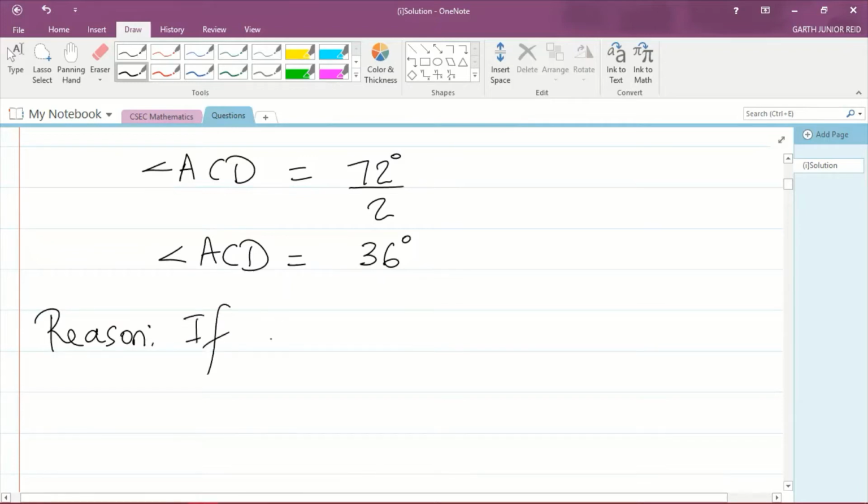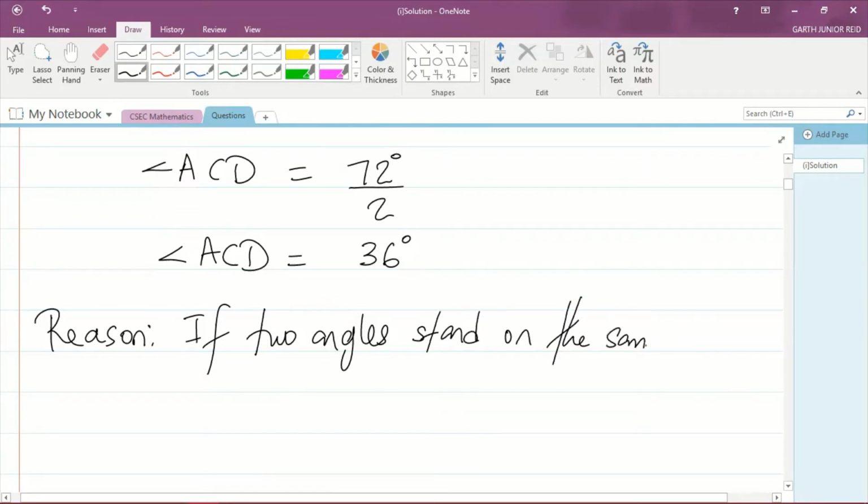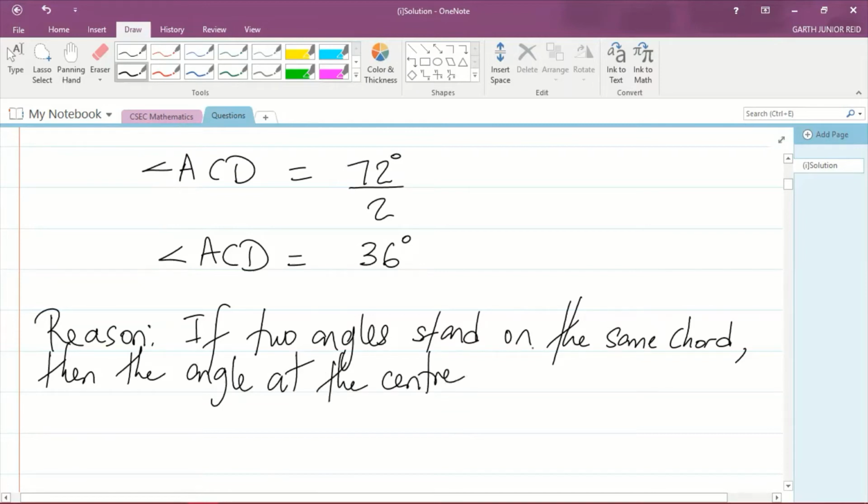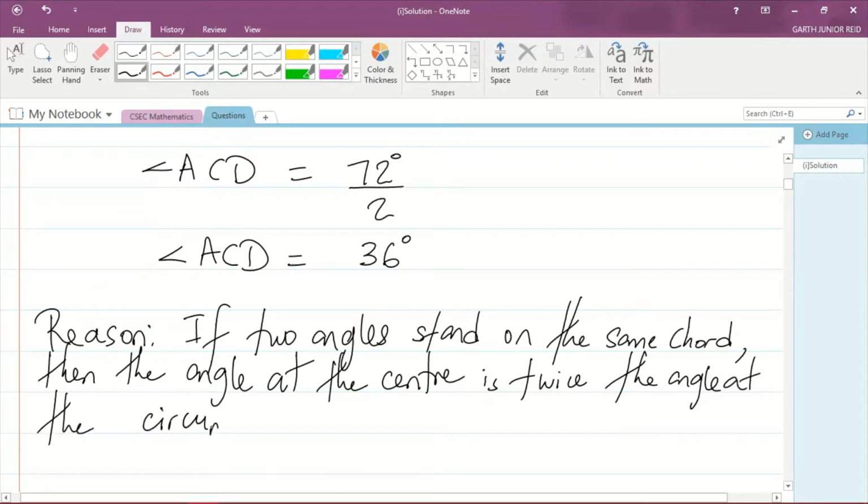So if 2 angles stand on the same chord, then the angle at the center is twice the angle at the circumference.